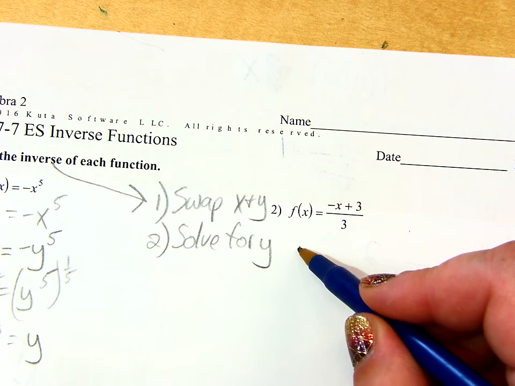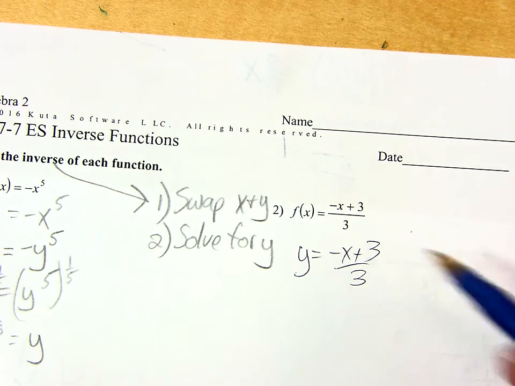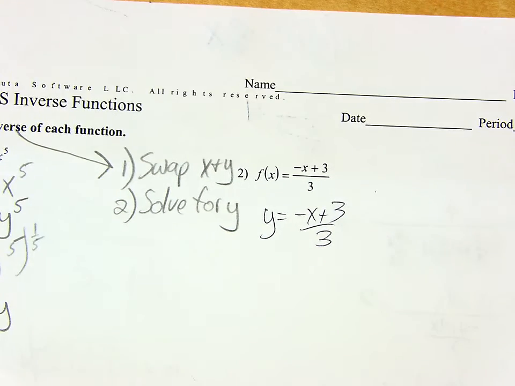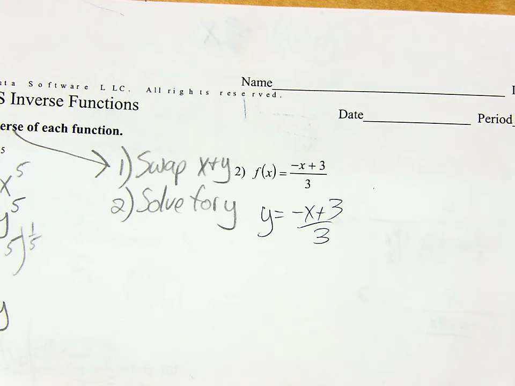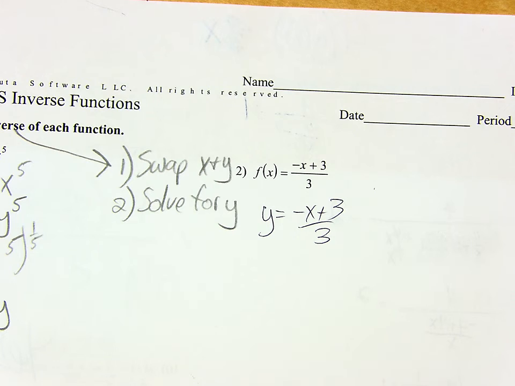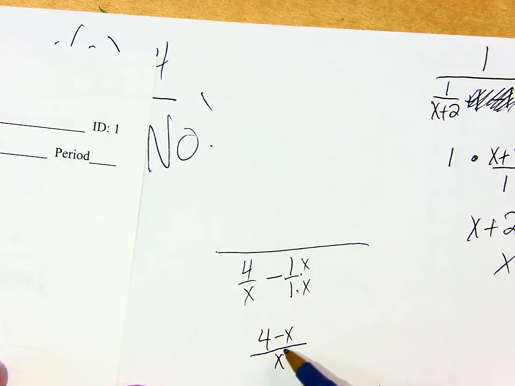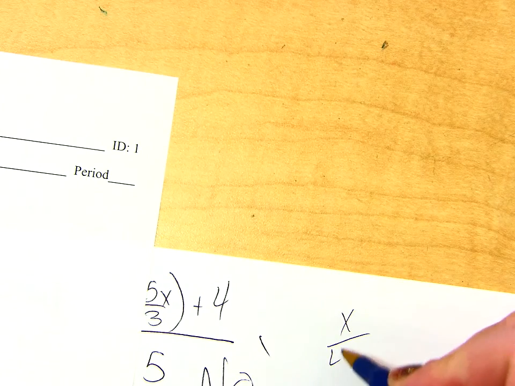I have another question. X over 4 minus x. That's not going to simplify to x, right? X over 4 minus x?